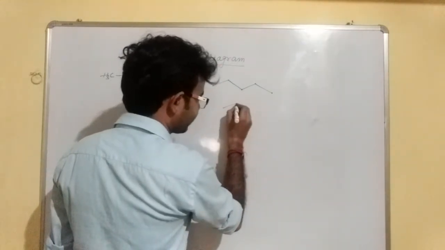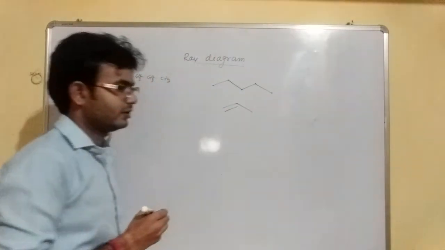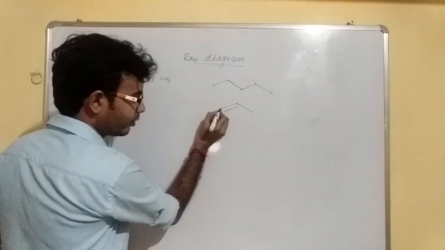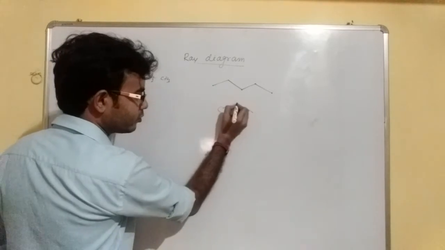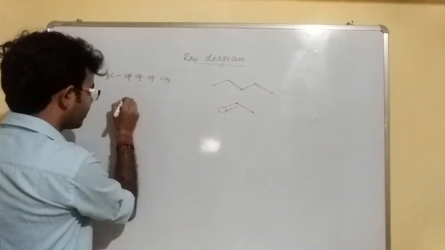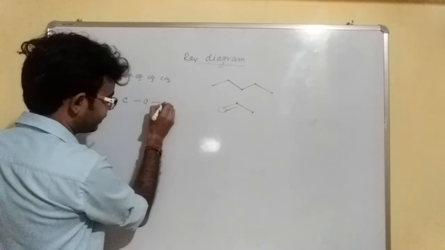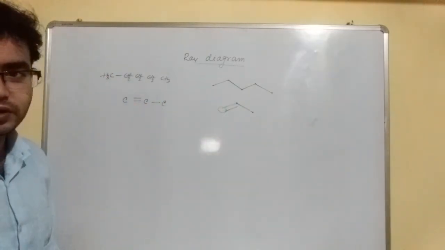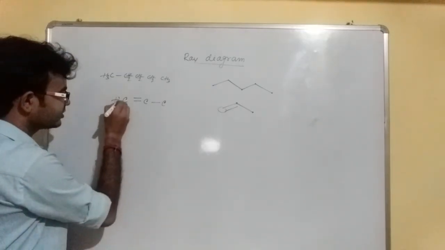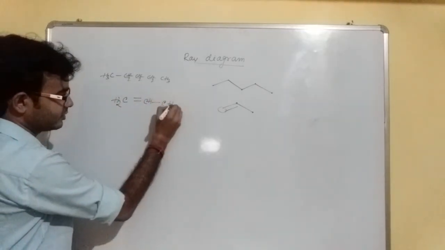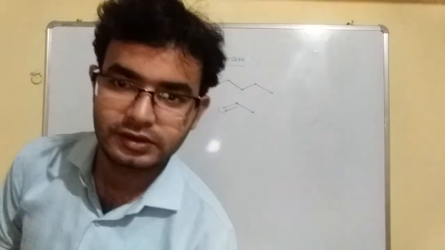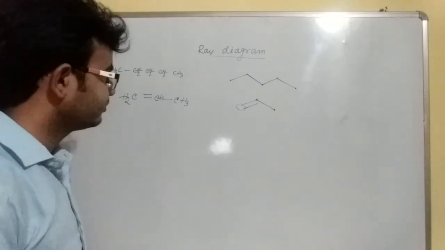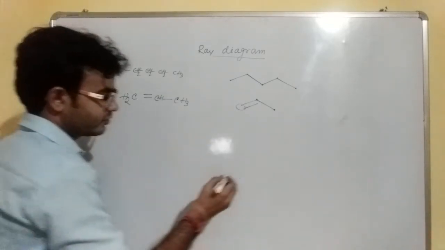Suppose it is like this, and the double bond is here. So what you have to do? Here, this one is 1 point. 1 carbon, 2 carbon, 3 carbon. In between 1 and 2 there is a double bond. The other one is a single bond. So it will be CH2, CH, CH3. Now it is clear. Let me proceed to the next one.